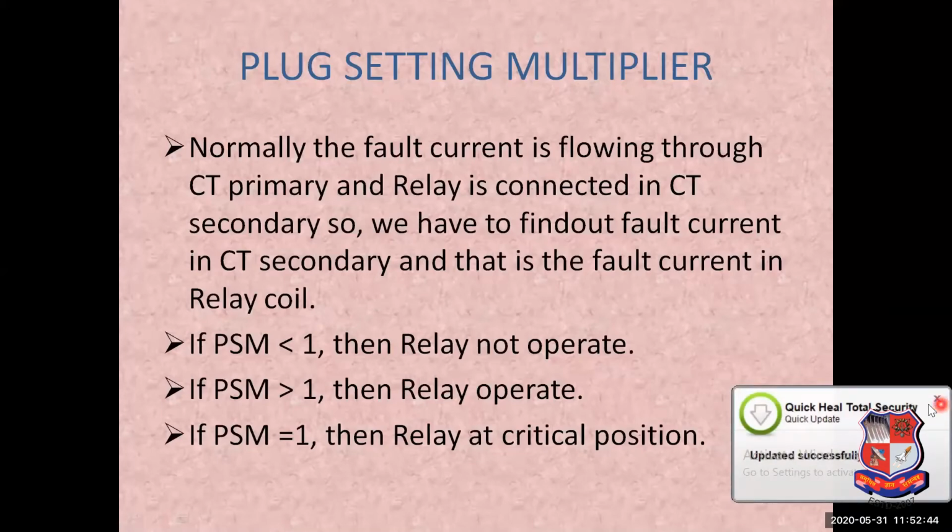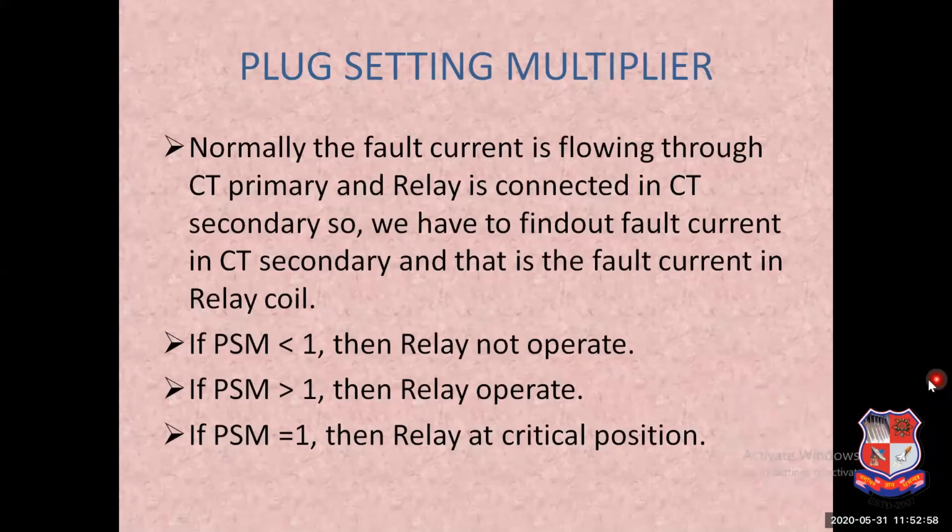So we have to find out the fault current in the CT secondary, and that is the fault current in the relay coil. The given fault current is flowing through the primary, so we have to find the fault current in the CT secondary, which we will see next in this lecture.